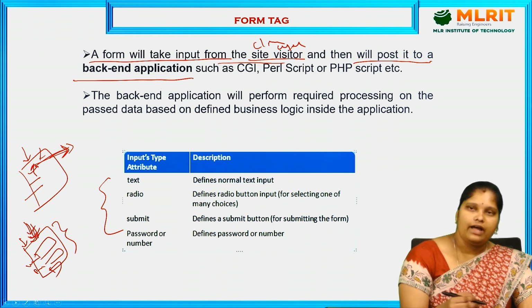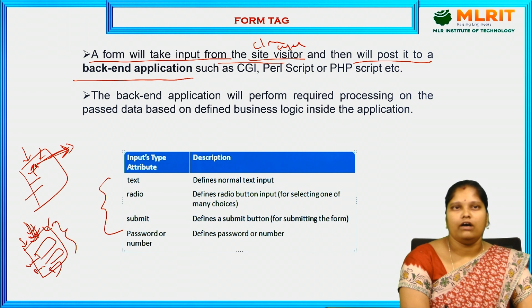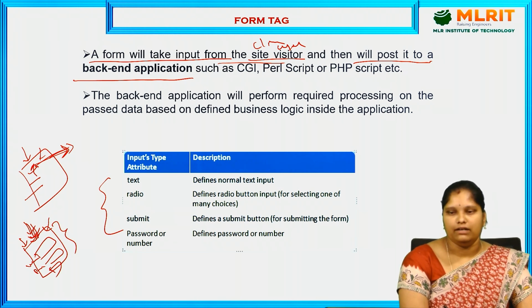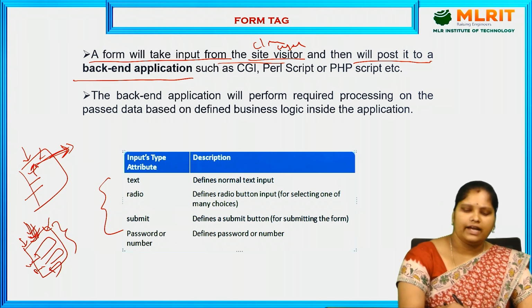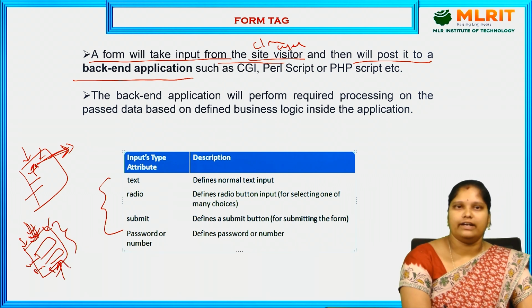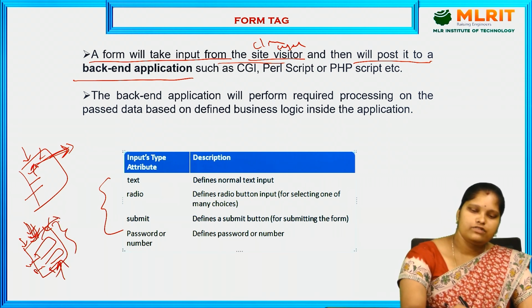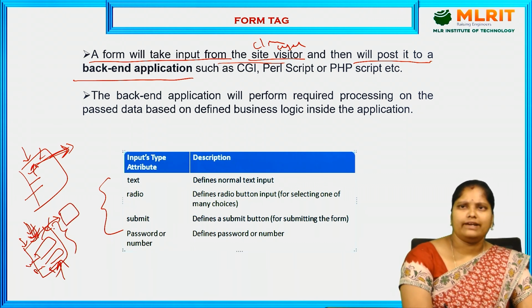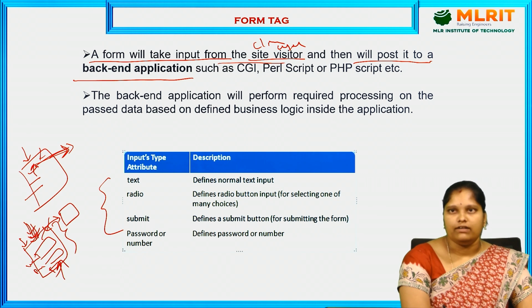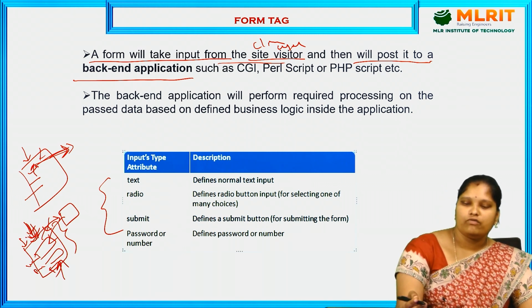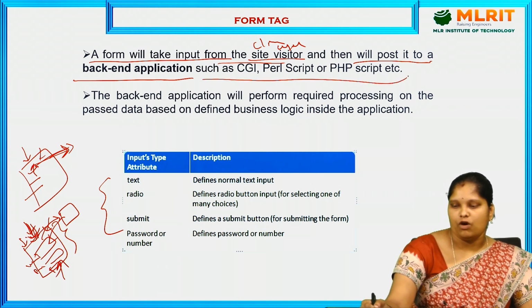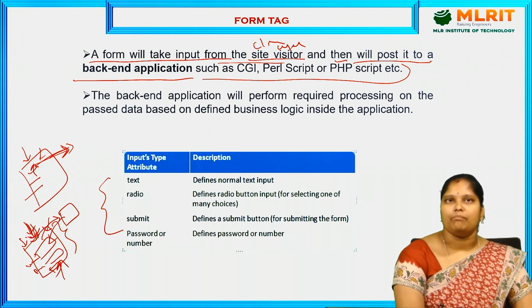I want to retrieve my inbox, or my mail. For that I need to give my login credentials, then only it goes to the backend application. The backend application checks whether these credentials are valid or not, then only it provides the information about my mail. So for this we use forms with technologies such as JSP, and these are the backend applications.